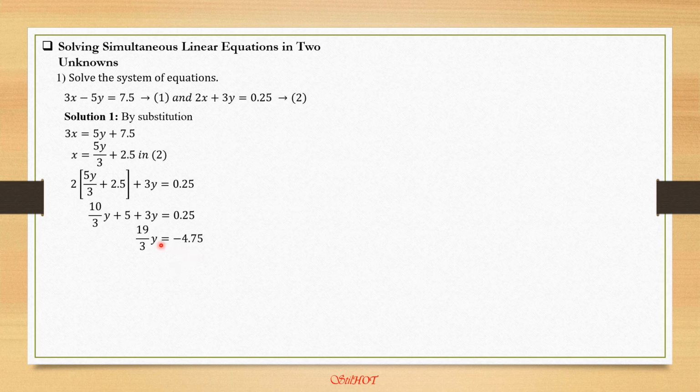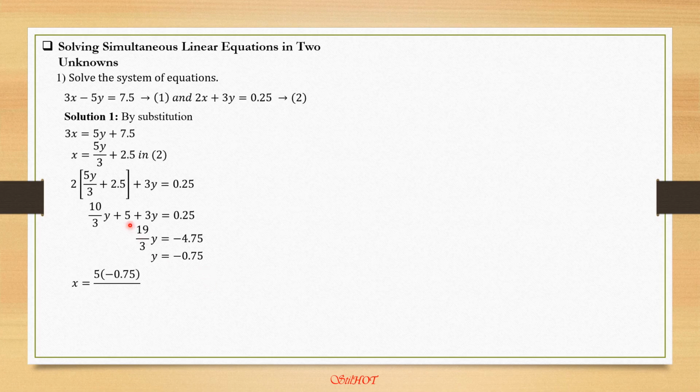Then to solve for y, we multiply everything by 3 over 19. So the left side becomes y, and the right side is 3 times negative 4.75 over 19, and that would be negative 0.75. Substitute this value of y into equation 1.